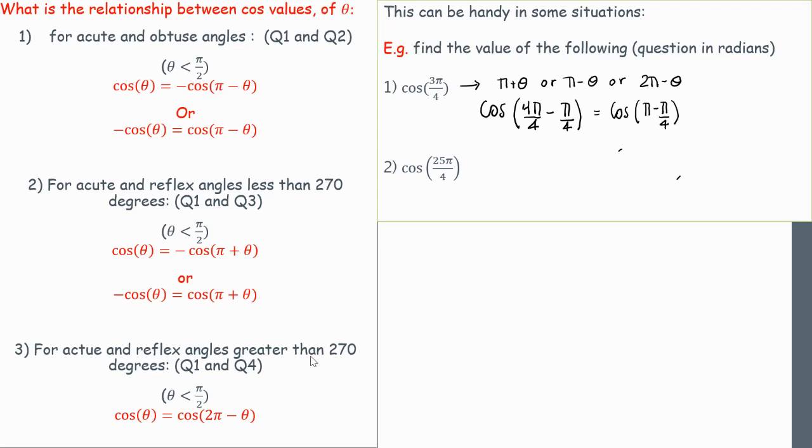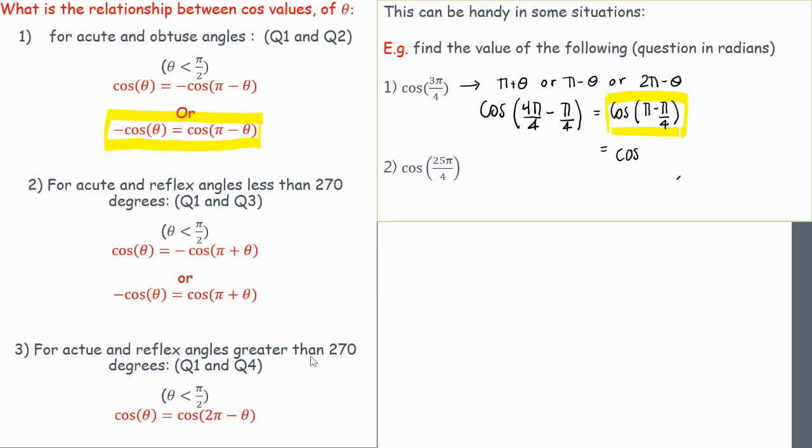Sweet. Okay. If I look at my rules for cos, this kind of looks like the first rule here at the top, where I have cos of pi minus theta equals minus cos of that theta, where theta is acute.